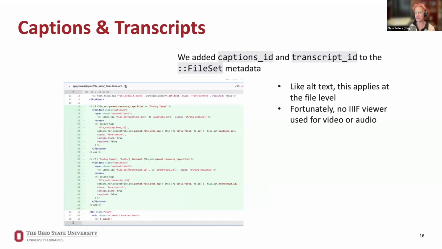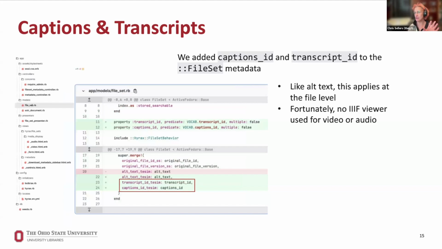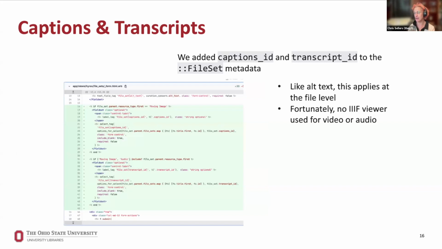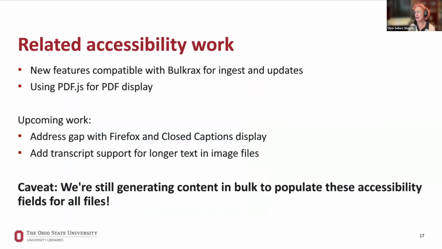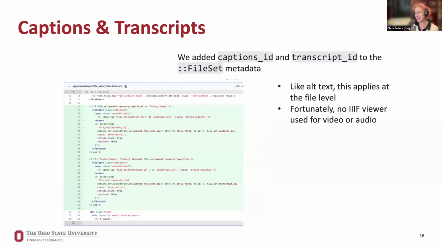I didn't have room for all the screenshots, but I tried to get a pretty representative sample, both of how the work happens on the server side with Hyrax in Ruby and how the forms are presented to the user in ERB files. So that's a really quick run through of what we're doing.